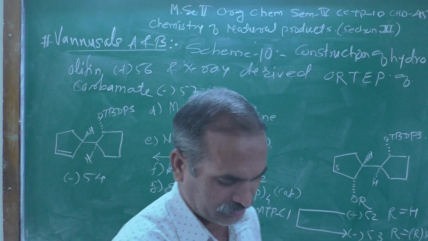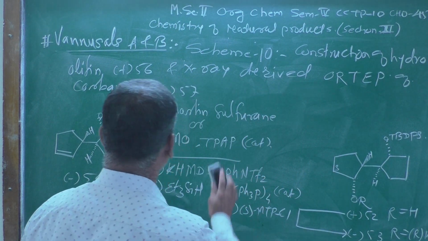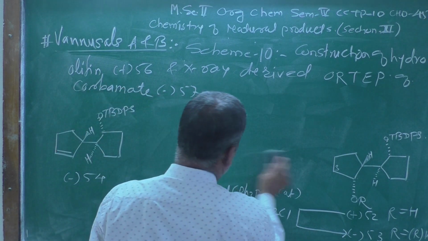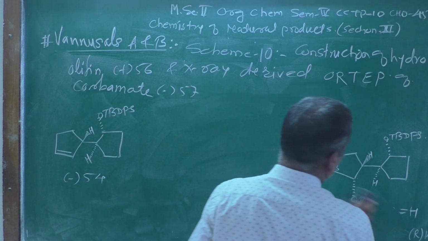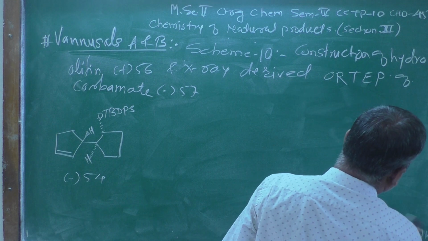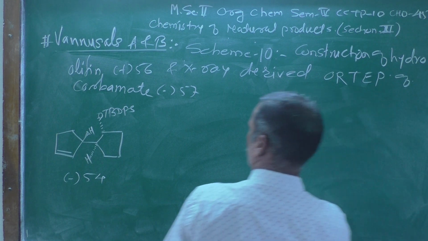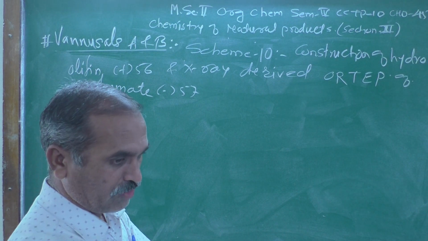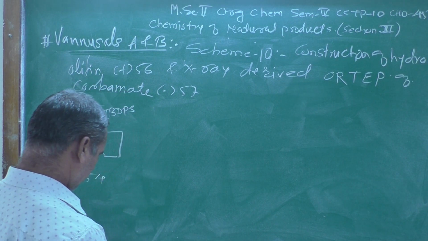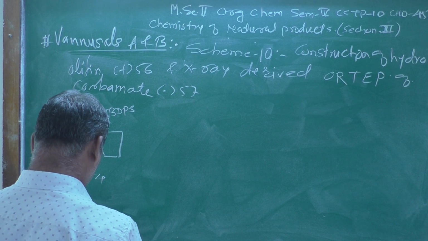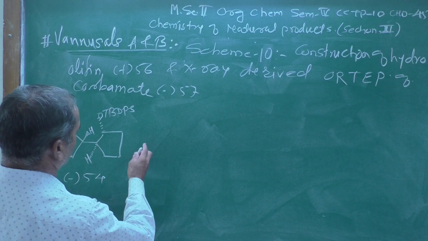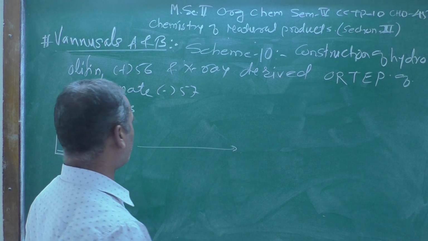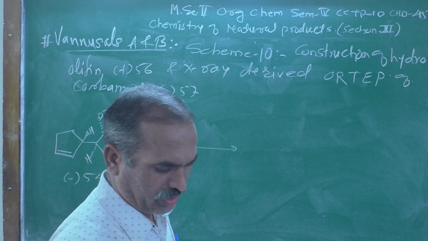Now I am cleaning the board once again. So let us see. This is the structure number 24 which we got over here. Let us see the reagents we are going to add over here.